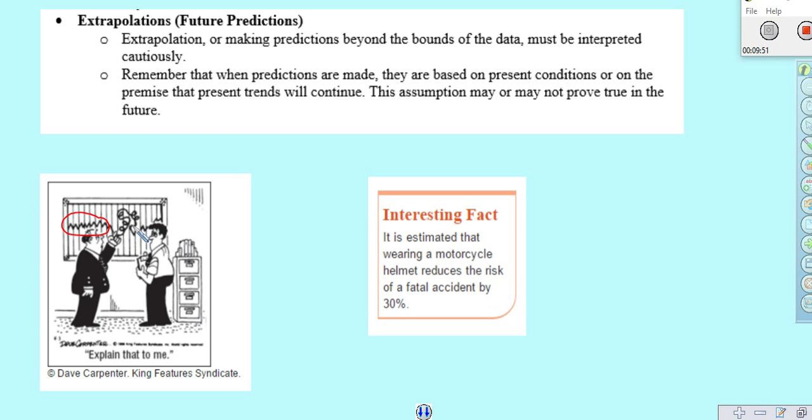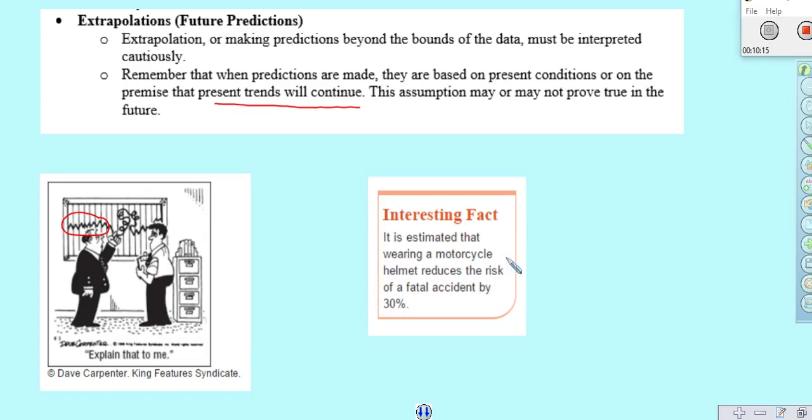There's many things that could have caused it to happen. So we have to be very careful about interpreting things from our data unless we feel like we've got some really strong indicators. Remember that when predictions are made, they are based on present conditions or on the premise that the present trends will continue. This assumption may or may not prove true in the future. So here's another example. It is estimated that wearing a motorcycle helmet reduces the risk of a fatal accident by 30%.